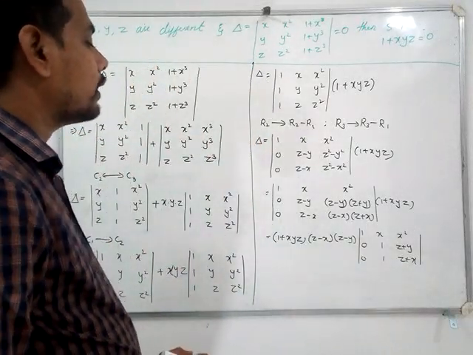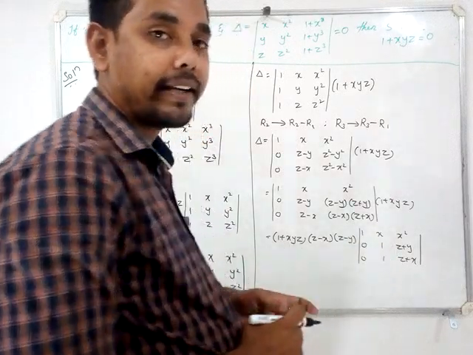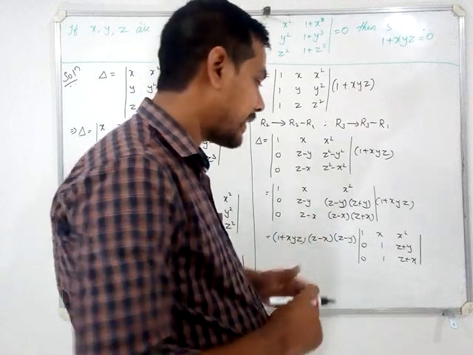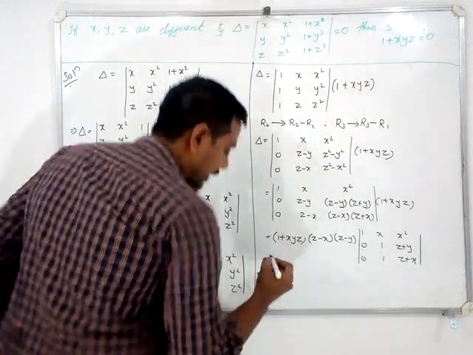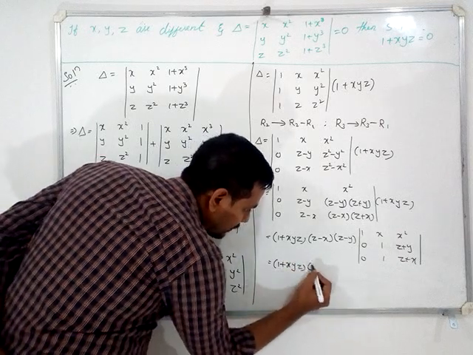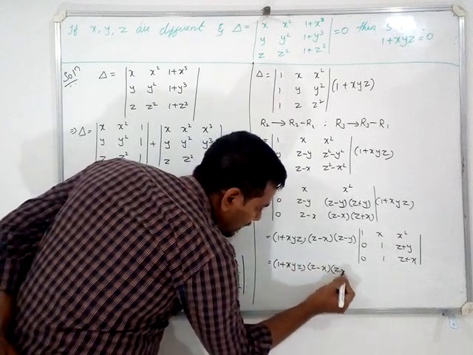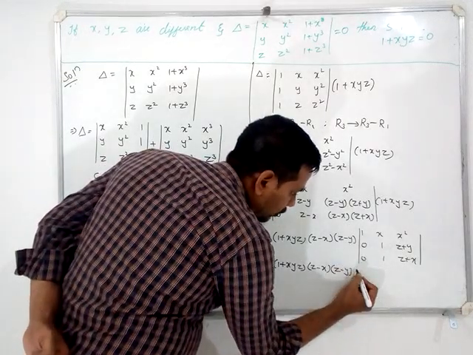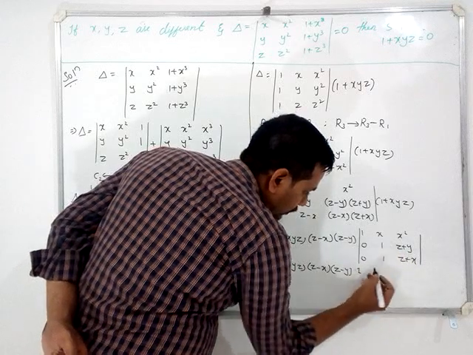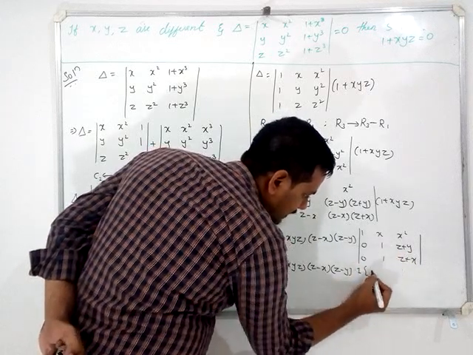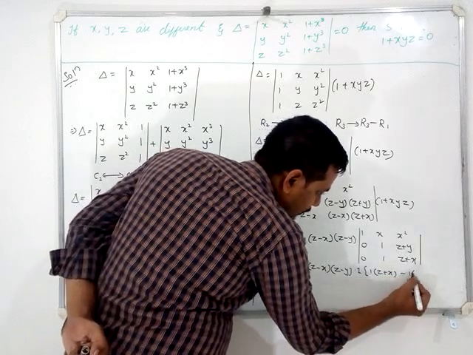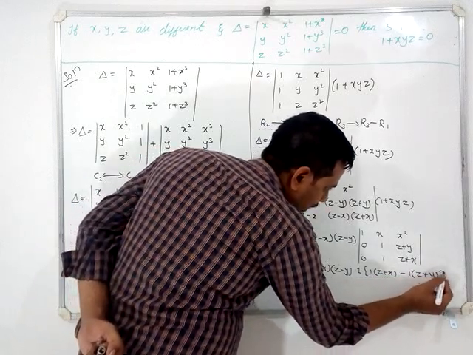Okay, so now I need to expand this determinant to get the value. I can expand it through the first column. If I expand it through the first column, what will be my value? 1 plus xyz into z minus x into z minus y into 1 into this determinant, right? So directly if I solve, 1 into z plus x minus 1 into z plus y.